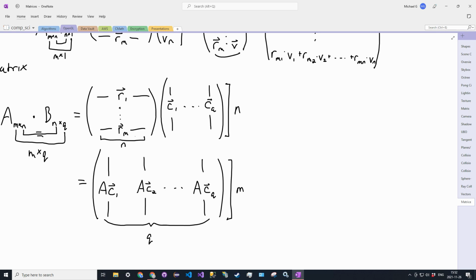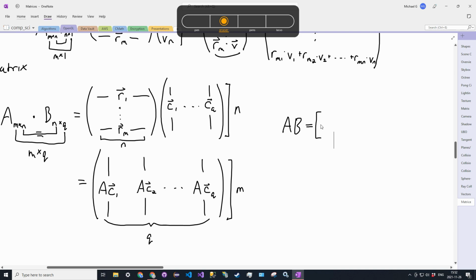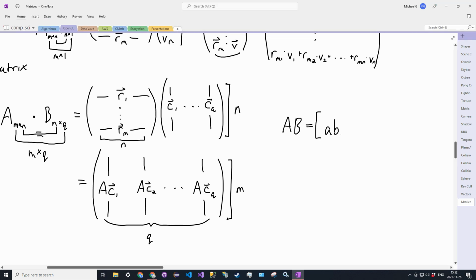So if we want to do a general definition for each element of the product, we often define matrices using this notation here, where we do a square bracket around a lowercase letter a, b, and this is going to be ij for the ith row and the jth column.